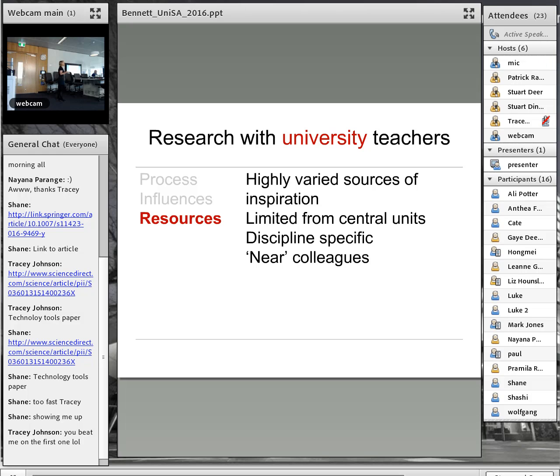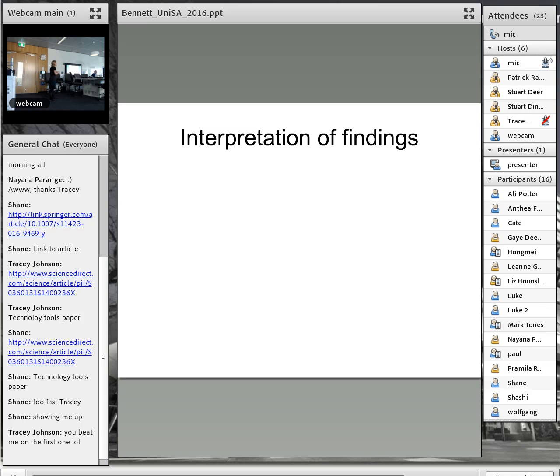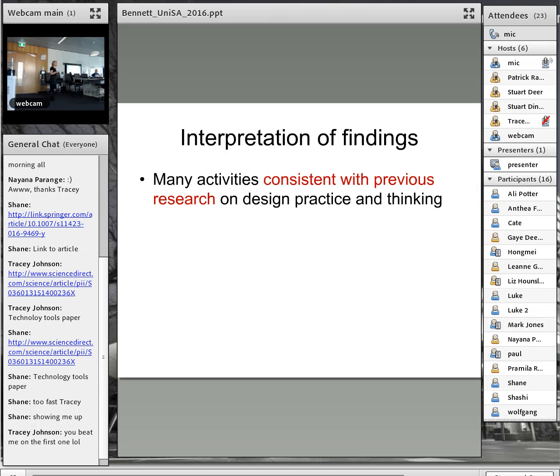Okay, so what can we make of these particular findings in terms of the kind of idea that I'm trying to present today? So many of those activities are consistent with previous research from design studies in other fields of design. So remember before when I said that idea of designing from broad to specific? That's a very consistent practice across all forms of design.